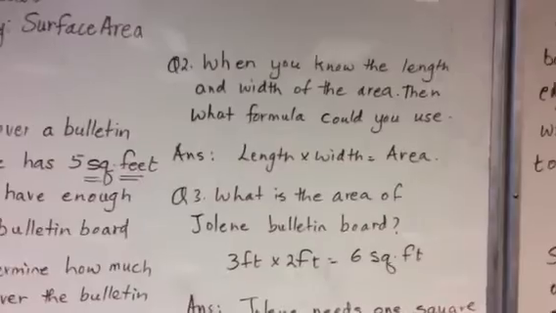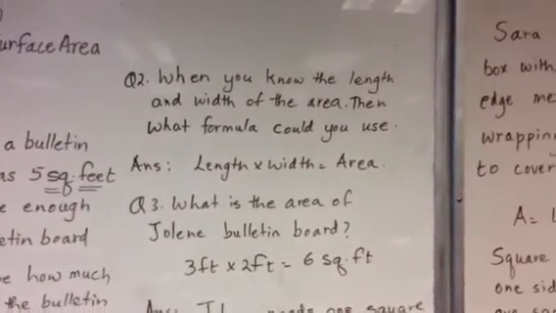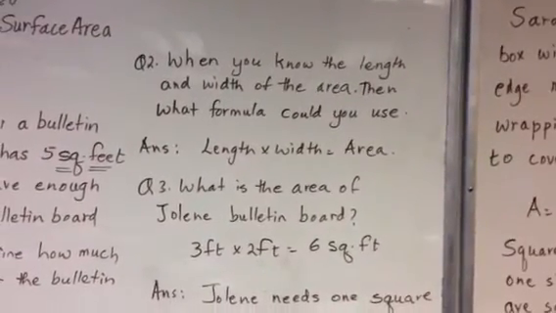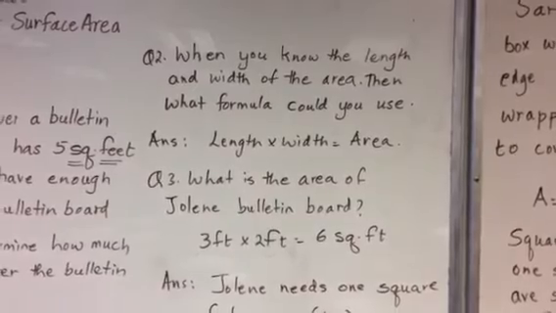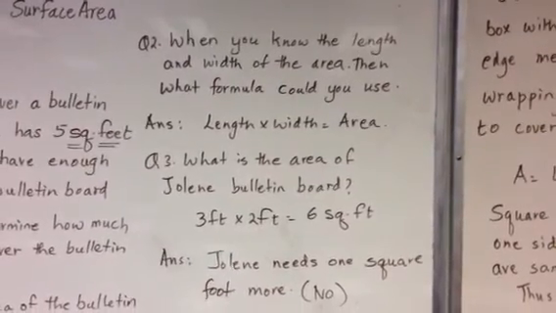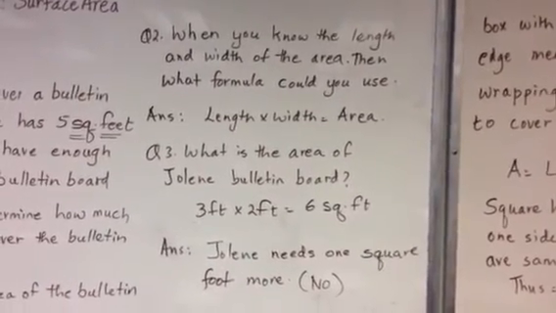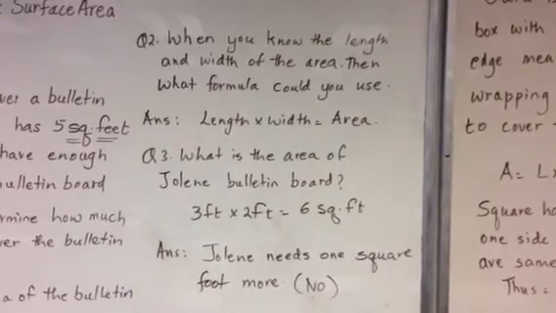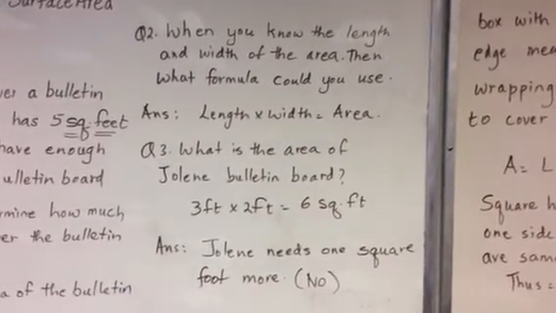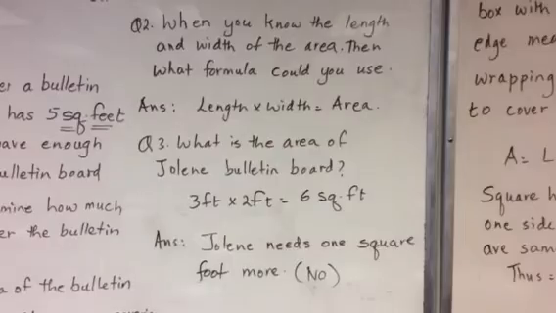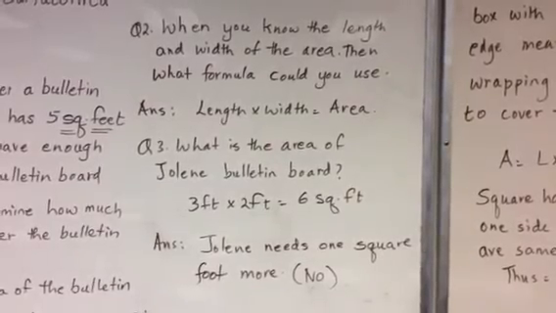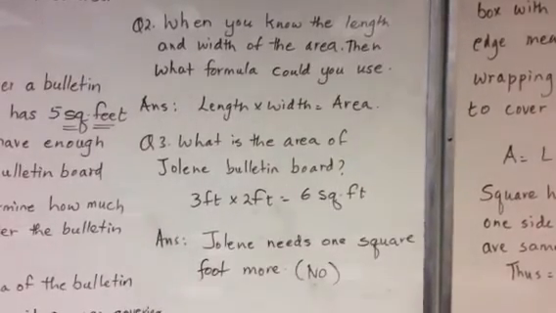So let's go on to question number 2. When you know the length and width of an area, what formula could you use? Answer. Length times width equals area. That is a formula. That is a known scientific formula. Question number 3. What is the area of Jolene's bulletin board?